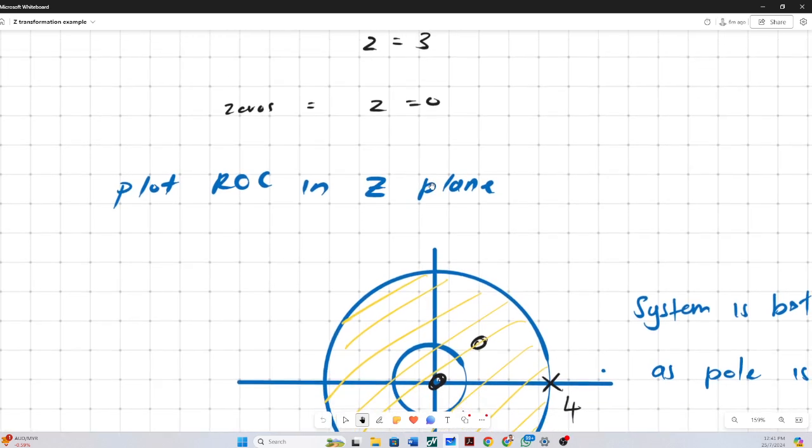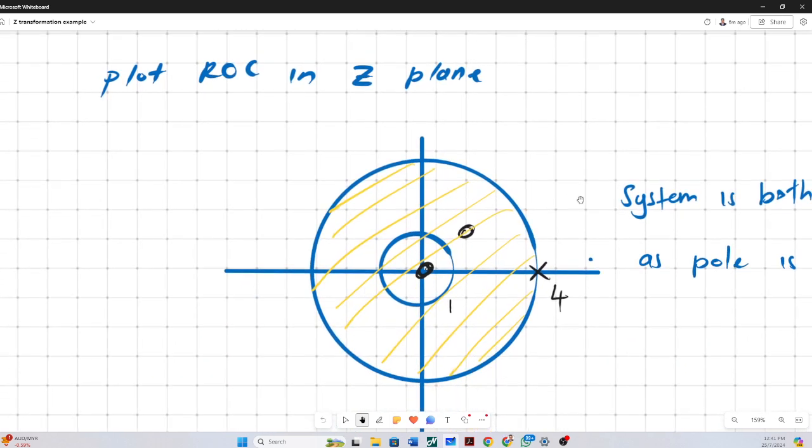So we have two circles, the outer circle and the unit circle. The amplitude of the outer circle should be 3, right? And we have another circle with amplitude 1, which is the unit circle.